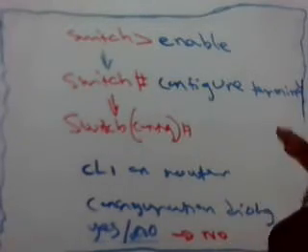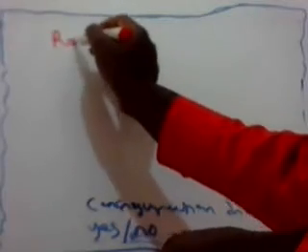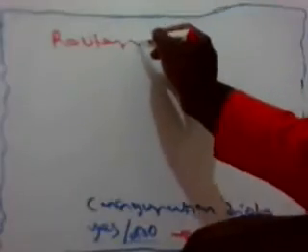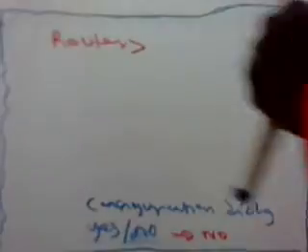When you press enter twice, it takes you directly to the user executable mode, which is router greater.